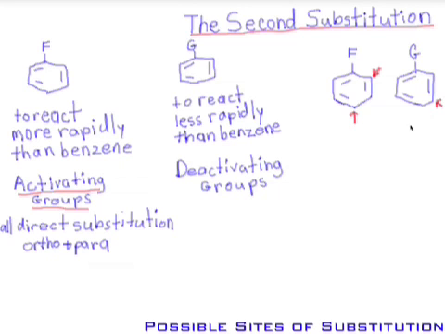Now, I agree that there are two meta positions and they produce the same thing. So this is acceptable. That's a meta position. And there are two ortho positions as well. So this is acceptable as an ortho position as well. So almost all deactivating groups direct meta.